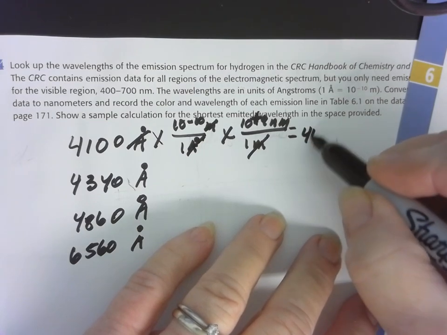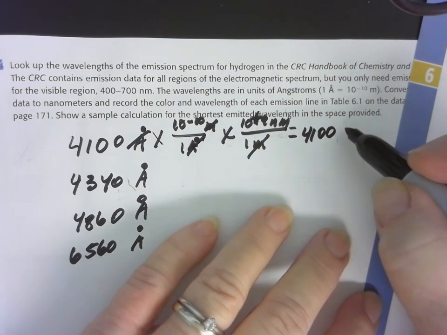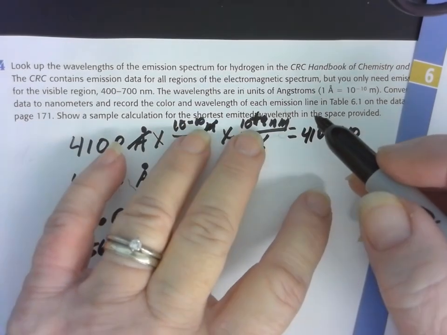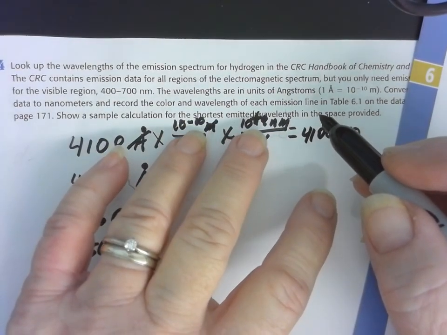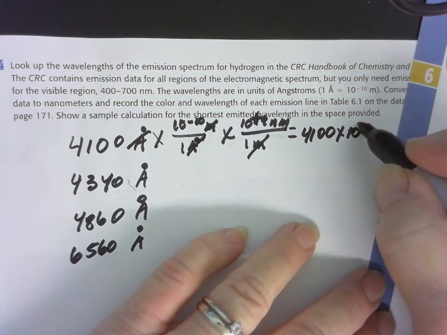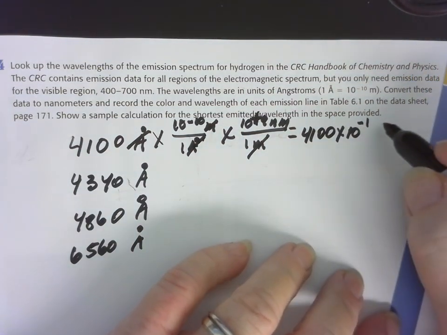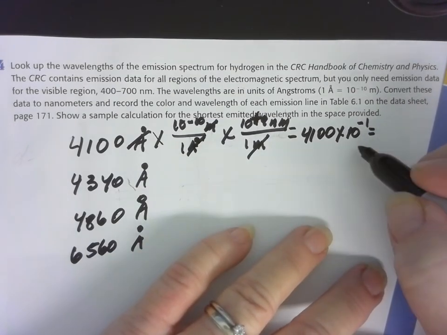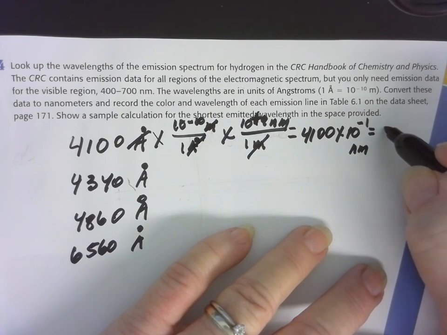If we multiply, we're actually adding the exponents, so a negative 10 plus a positive 9 gives us a negative 1. So we can express that as 410 nanometers.